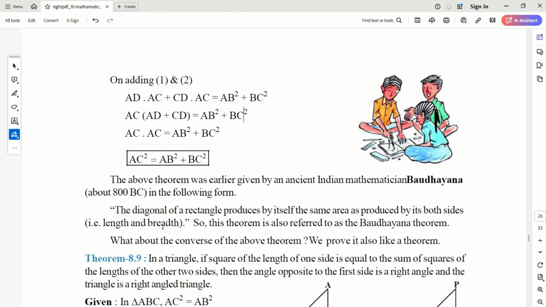It's interesting to learn the history of where it has come from. Just to remind you, look at the date here. This is about 800 BC. So you can imagine how much mathematics is there in our blood. So many years, and we have known the Pythagoras theorem since around 800 BC. Since then, we are using it, right? So maths is in our blood.